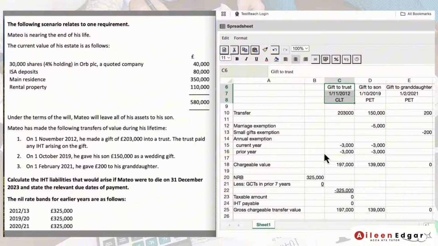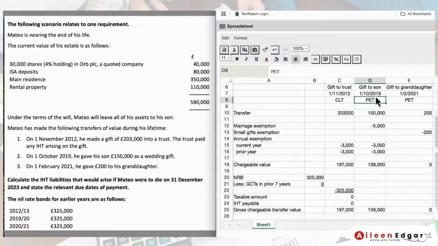But it is important because it has an impact on later gifts. We're not recalculating that gift to the trust, but that 197 figure is going to have an impact on what we do when we're looking at the PETs that do fall within the 7 years, because you can see October 2019, February 2021, those two gifts definitely fall within the 7-year window leading up to Matteo's death.